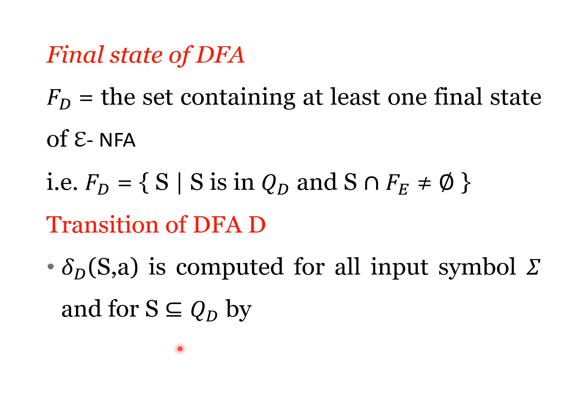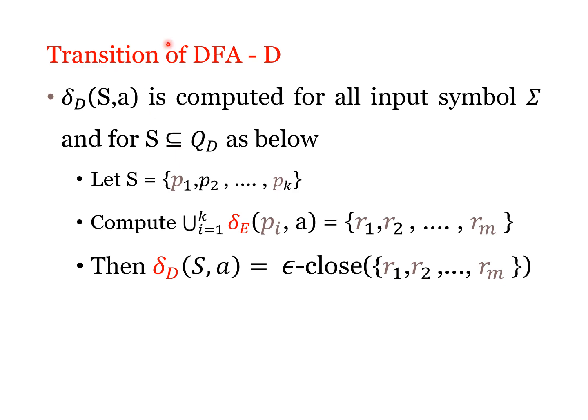So what about the transitions of DFA? The transitions of DFA have to be computed from the transitions of NFA. For all input symbols present in sigma and for all the states that belong to the states of DFA, we are going to construct the transition as follows.